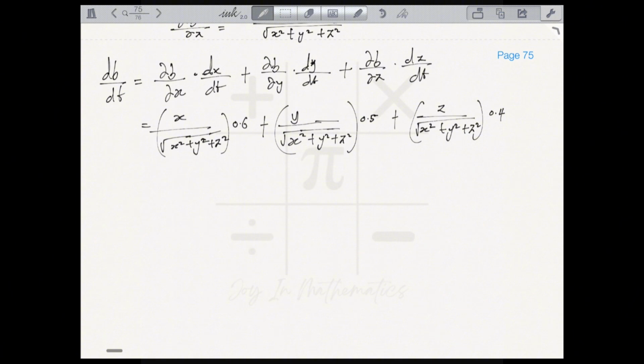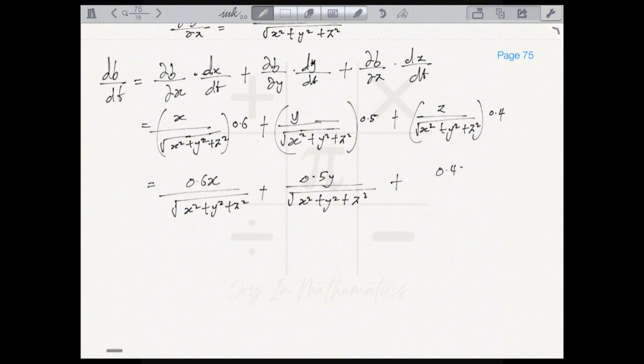Now we can rewrite this as 0.6x divided by the square root of x squared plus y squared plus z squared, plus 0.5y divided by the square root of x squared plus y squared plus z squared, plus 0.4z divided by the square root of x squared plus y squared plus z squared.